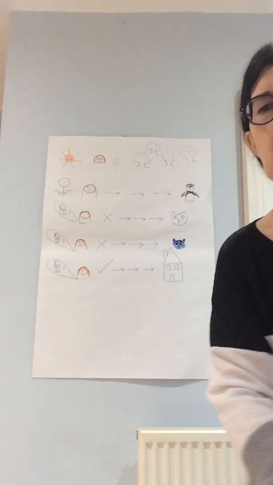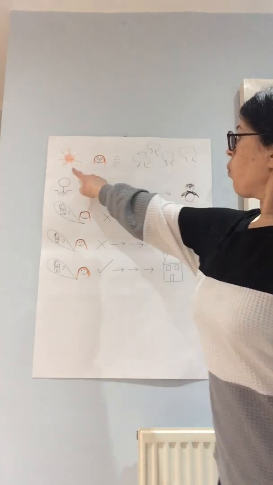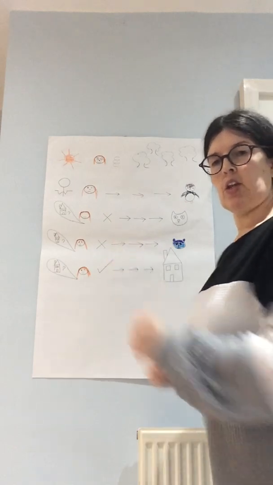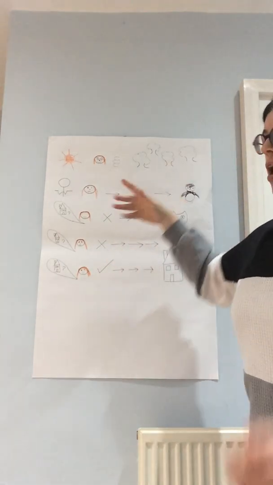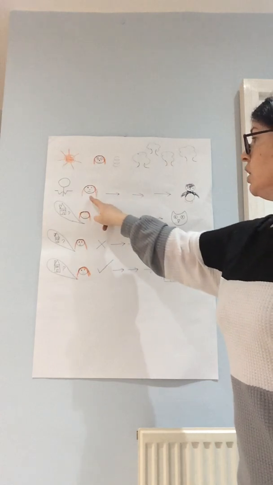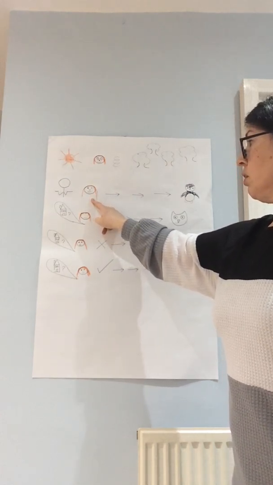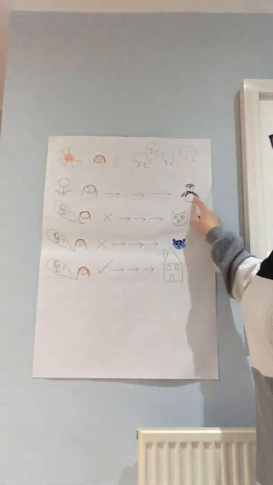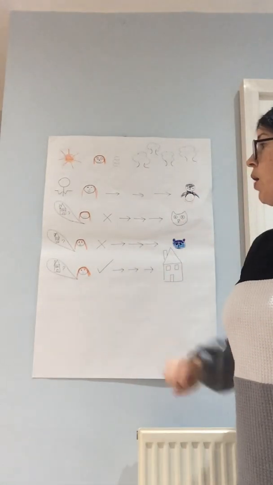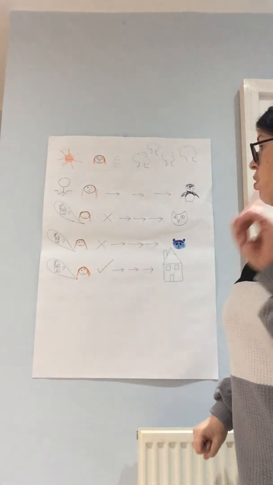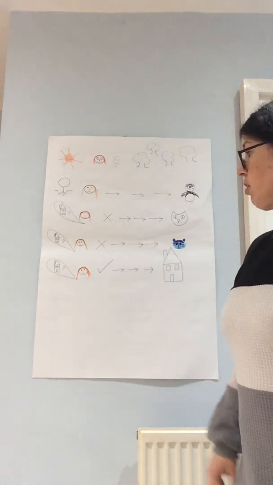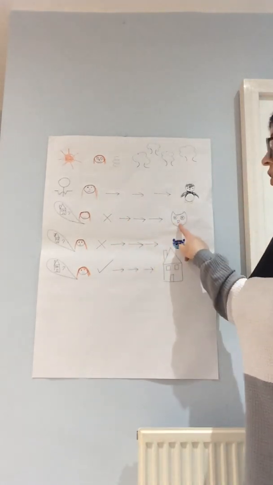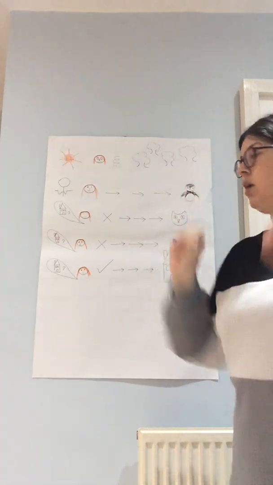So I'm going to quickly tell you my whole story now. One sunny day, there was a little girl who decided to go for a walk in the woods. Unfortunately, she got lost. So she walked and she walked and she walked until she met a penguin. "Do you know where my house is?" asked the little girl. "No, sorry," said the penguin. So she walked and she walked and she walked until she came to an owl.